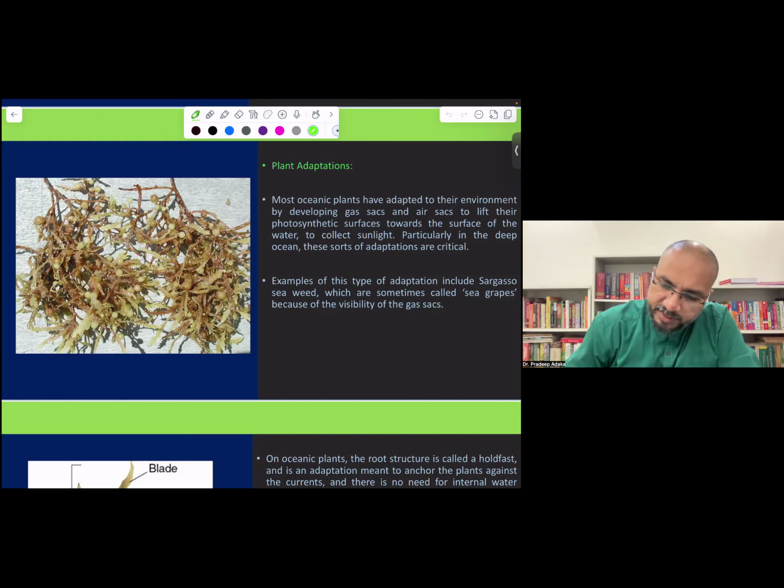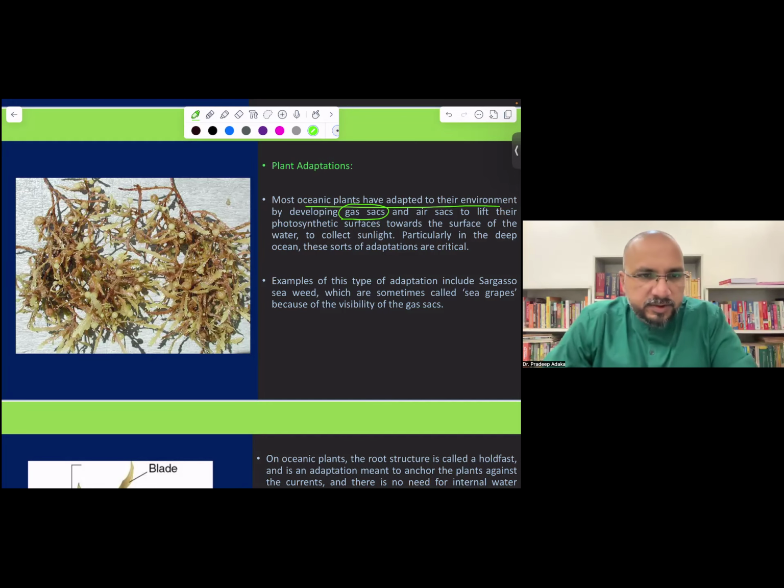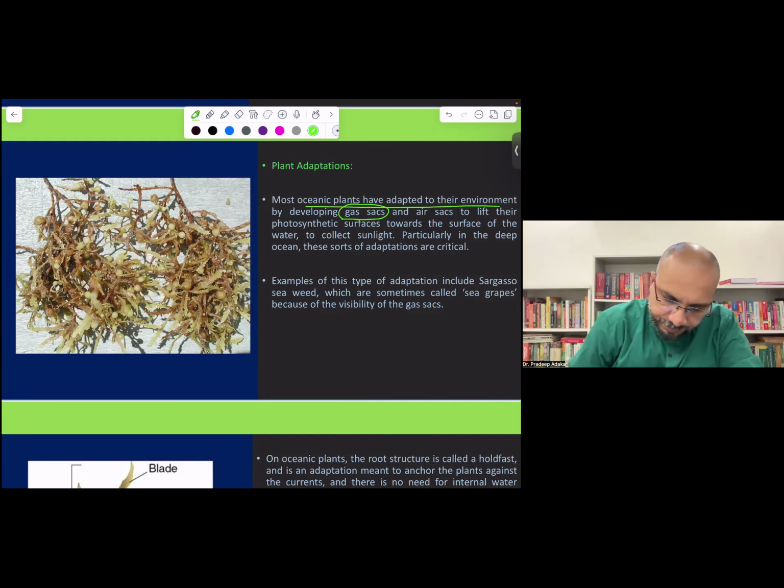Most oceanic plants have adapted to their environment by developing gas sacs. These are small, berry-like, sac-like structures, like grapes.